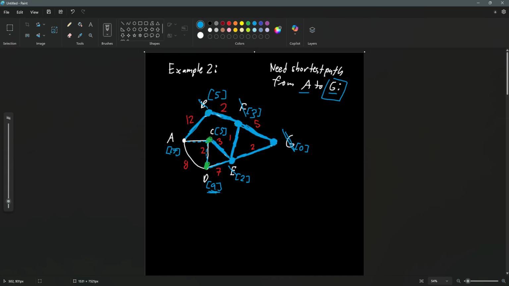Right now, the path from D to G is this. Right, that's how we got this 9. And so what we're going to ask ourselves is, is it faster for us to start at D, take a detour to C, and then follow the path that C had, which looks like this?